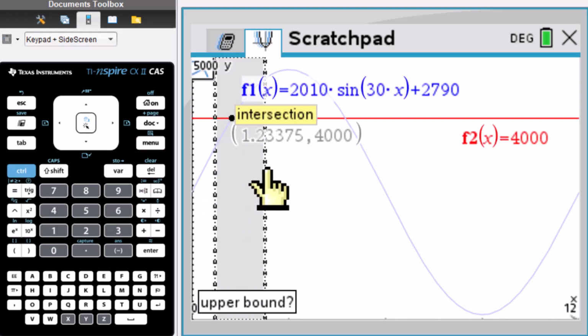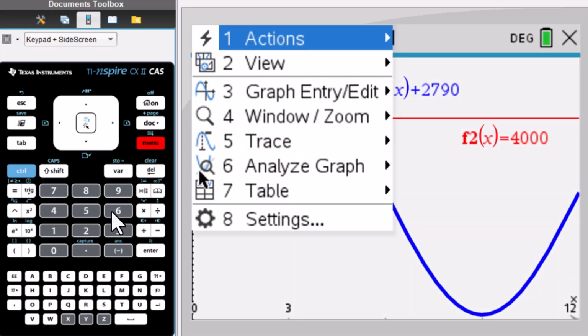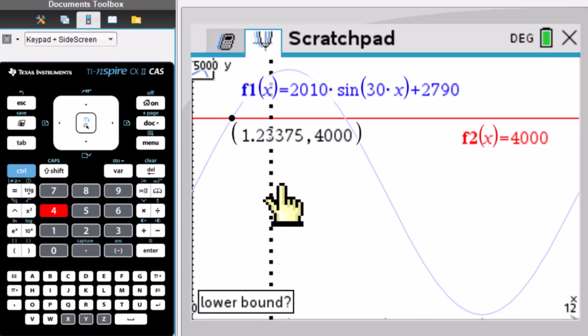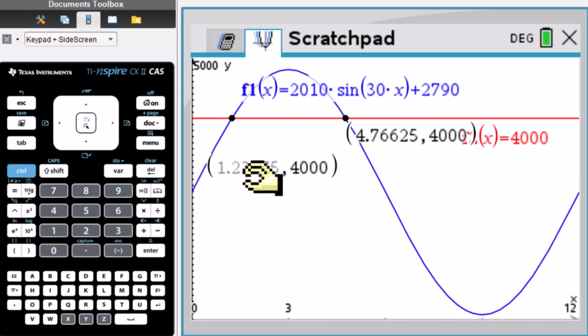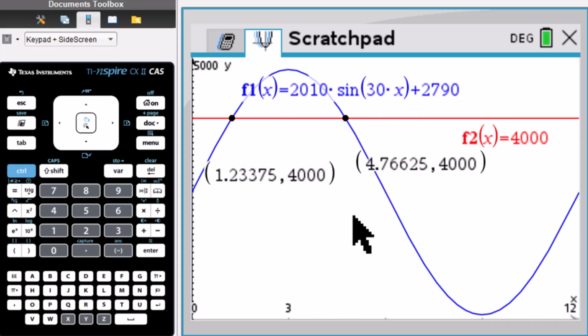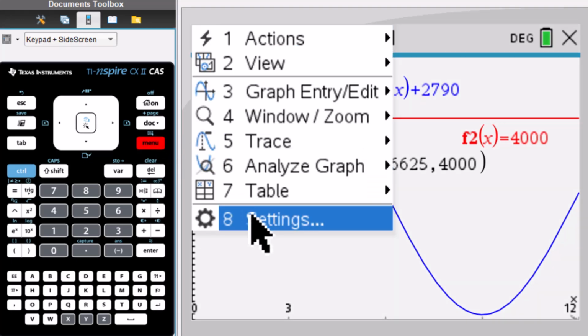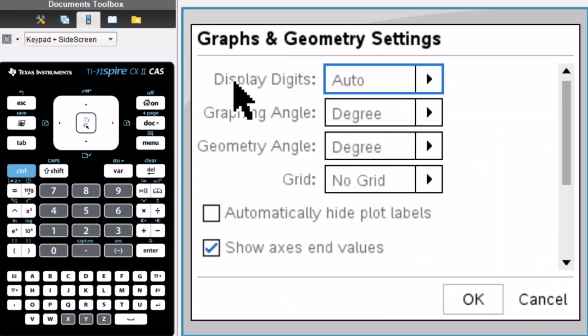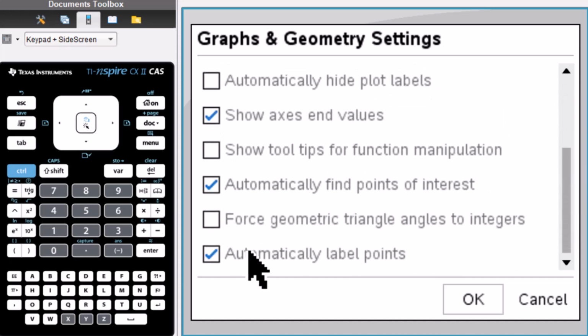Menu 6, 4. We got these two intersections. If you only get 3 sig figs for the x coordinate, go to menu, click on settings, change display digits into auto. Also, click on automatically label points.